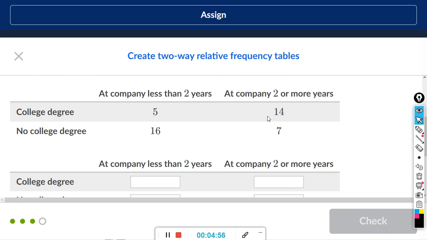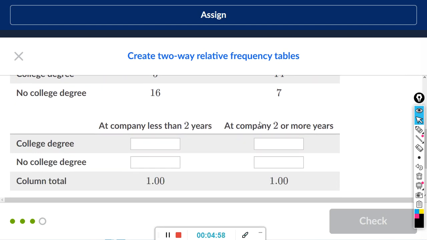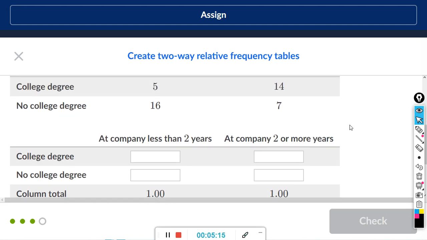So here's the data they give us, and you can see on the bottom of each column, remember column means up and down, at the bottom of each column we have a 1. So that's 100%. So when you add the values in that column, they should sum or add to 1.